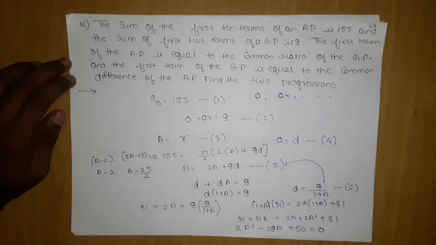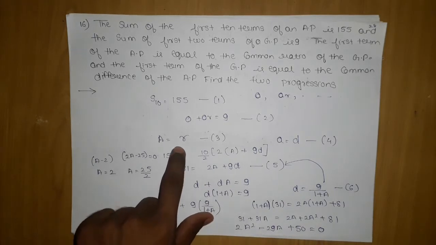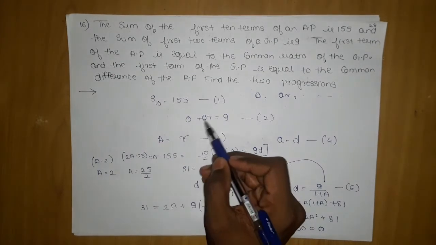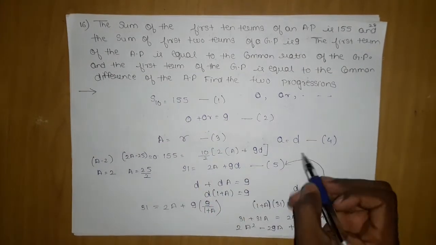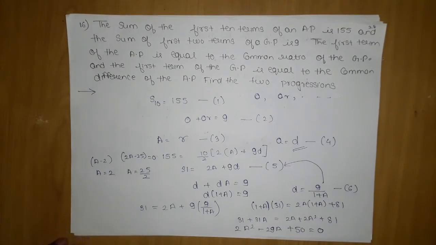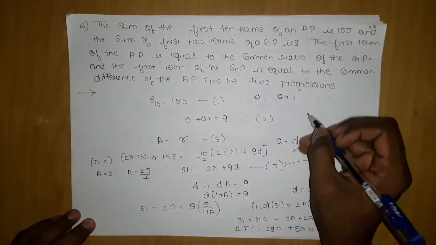Now if we know A, we know r. If we know r, we can substitute the r value here and get a, and thus we can also get d. After this you can get the two progressions easily. That was the difficult part of this question. I will solve for A equals 2.